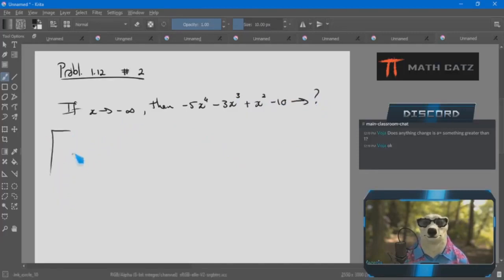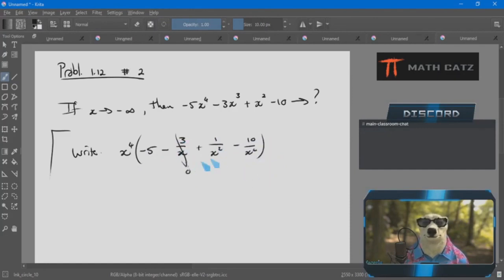So if I now do the same thing and write this y as taking out the highest power of x, you can take your time to verify. I'm going to get -5, minus 3 over x plus 1 over x squared minus 10 over x to the 4 with the same argument. All of these are going to shrink down so close to 0 I can't even tell them apart.